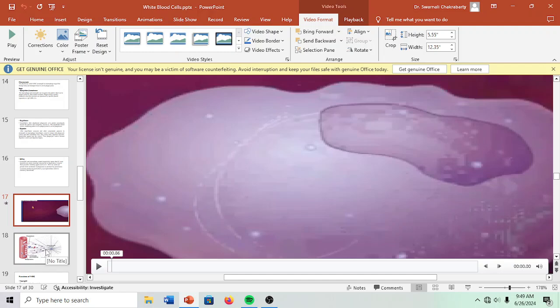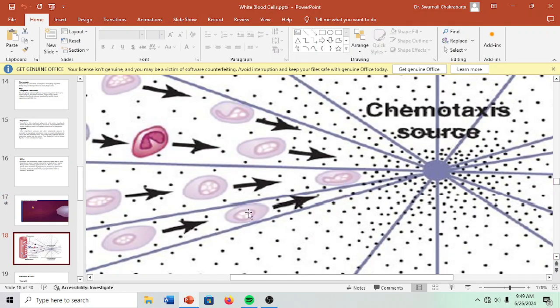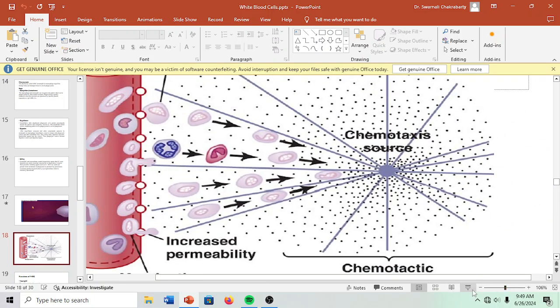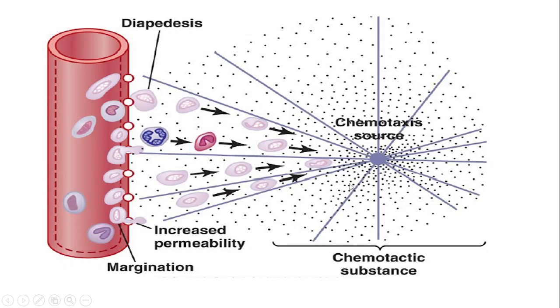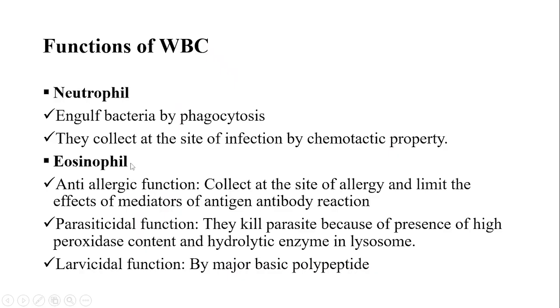This is a diagram showing the various properties of WBC. This property of marginating themselves on the surface of the blood vessel is called margination.